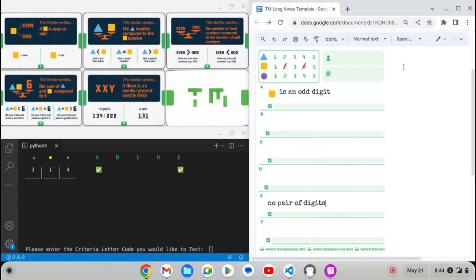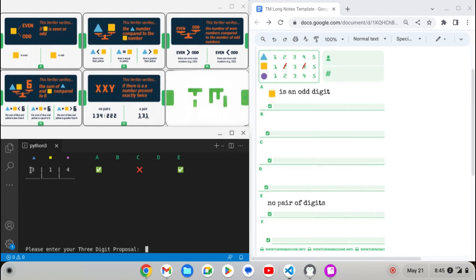Okay, so well, now that I know that there are no pair of digits and I know there's an odd, let's test criteria card C. Okay, so in this case, the Turing machine does not approve.